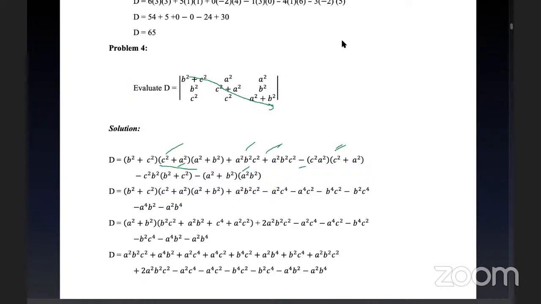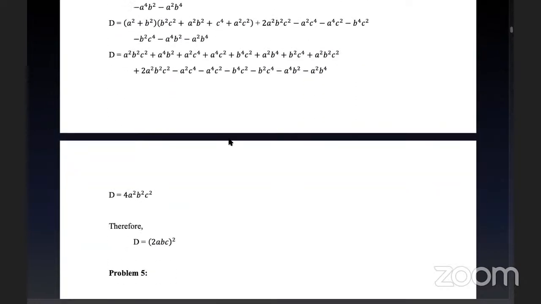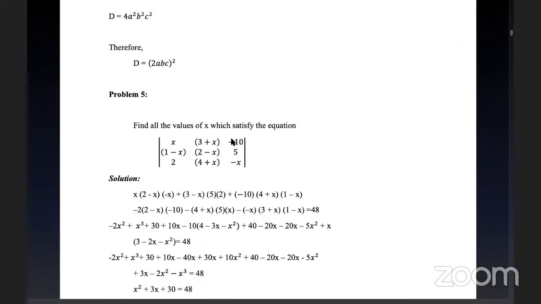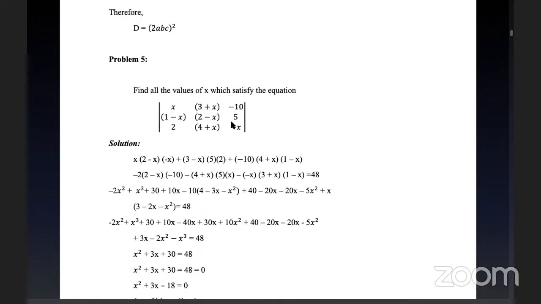Okay, so you can recheck the solution using your module. So yun lang yung idea para ma-evaluate natin yung determinant. Now let's try. Okay, ito the same idea lang din. Actually may kulang dito. So it should be equal to, and since you are to find the value of x, it is actually equal to 48.